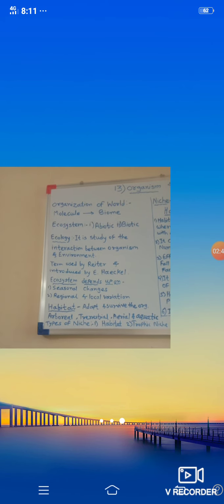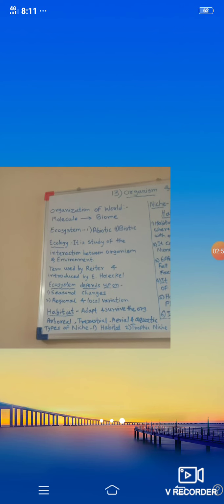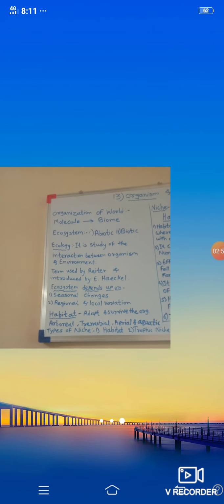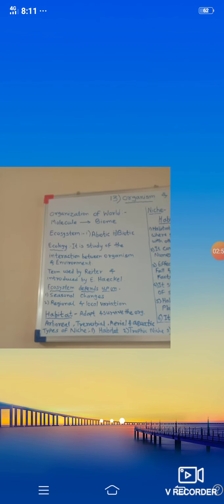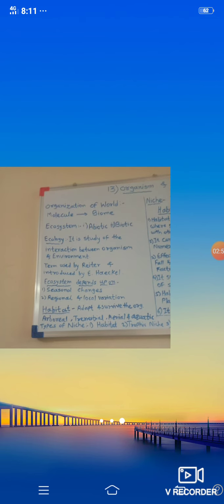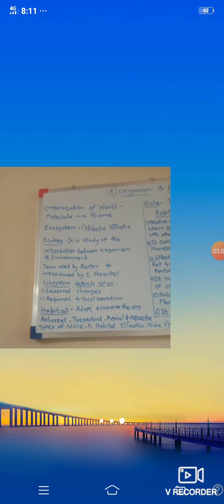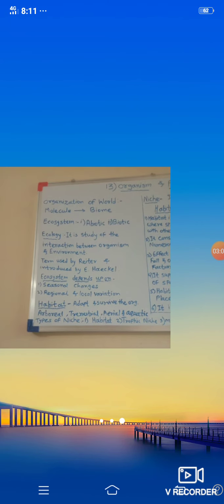They form the ecosystem, and in that ecosystem there are living organisms as well as non-living factors. That's why in the ecosystem abiotic and biotic factors are included.